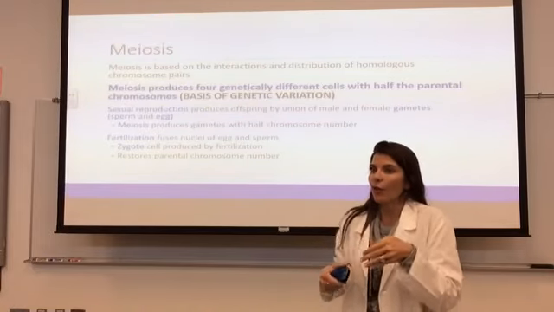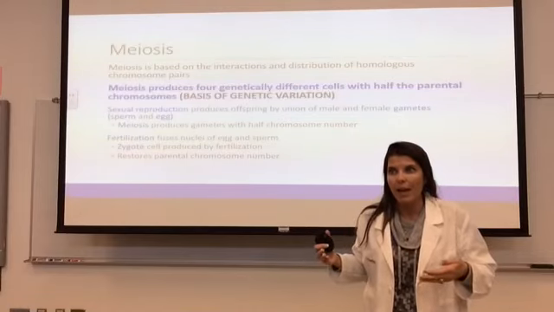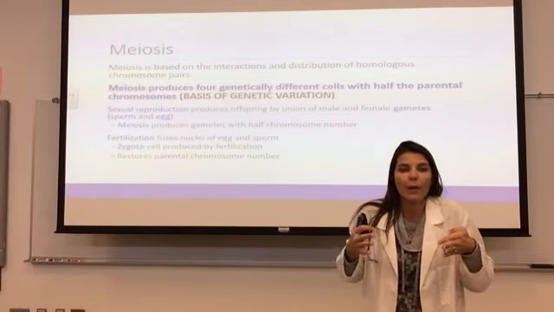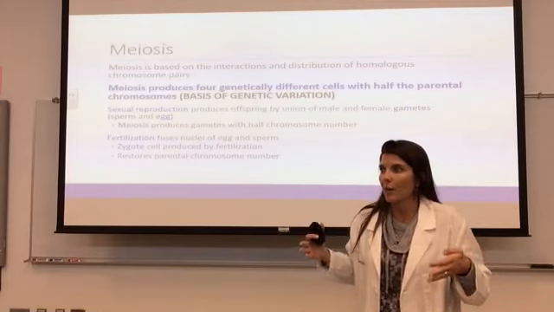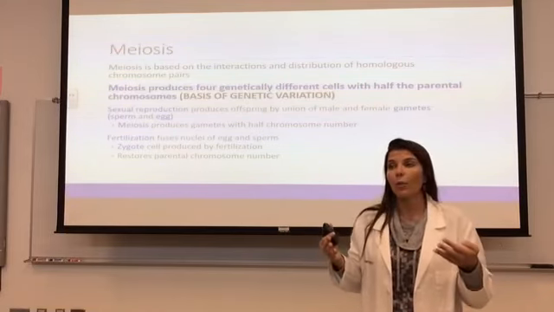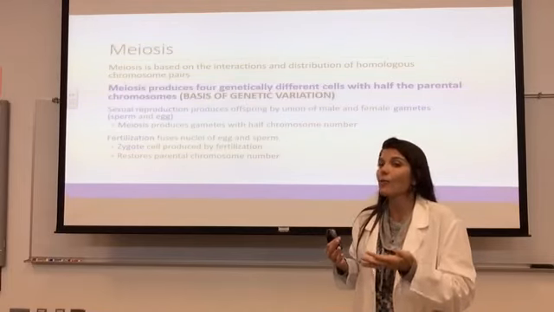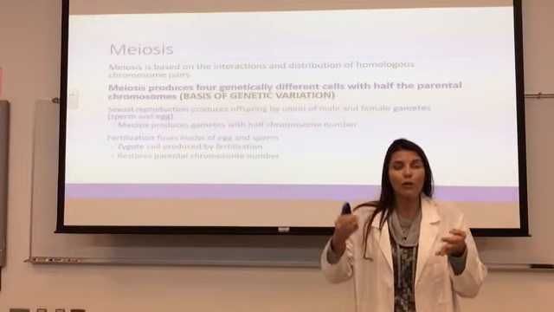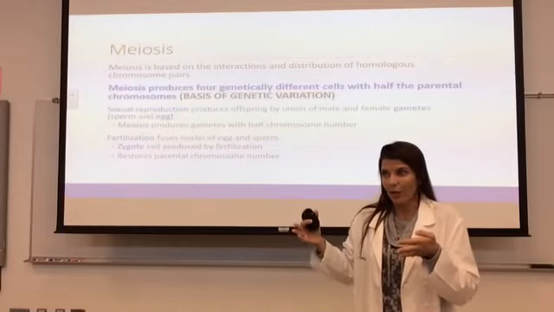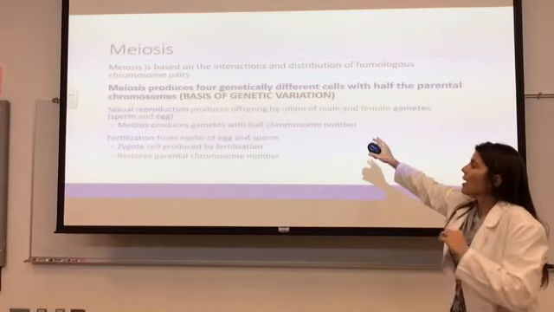In your life, if you're a female, you will never make 2 eggs that are the same. And in your life, if you are a male, you will never make 2 sperm that are the same. They will all be different. Which is why when you have siblings that share the same parents, they may have similarities, but they're all just a little bit different.